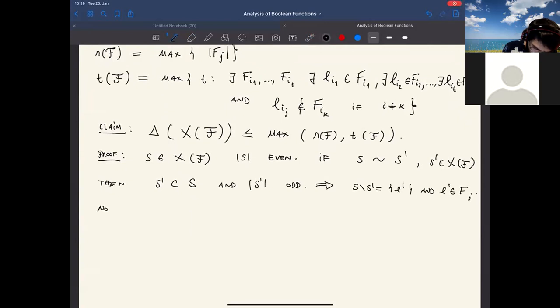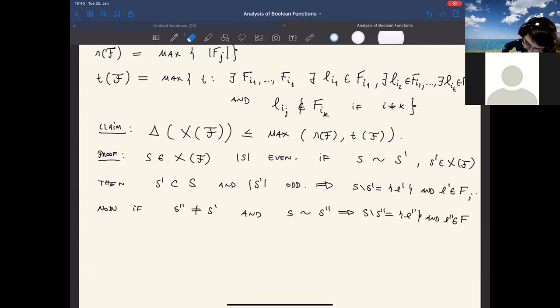Okay, so now if you have, say, S2 prime different from S prime, and this is another neighbor of S, then you have the same situation, belonging to some other F, say F1 or F2, something like that.